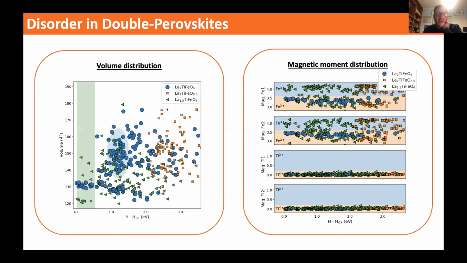I'll start by simply saying that the ones with extra oxygens, at least for the stoichiometries we've seen, always reveal volumes which are much larger than the one of interest, being for the stoichiometric case in the smaller energies. However, the cases with lanthanum vacancies are much more distributed and present cells that might mix with the stoichiometric one.